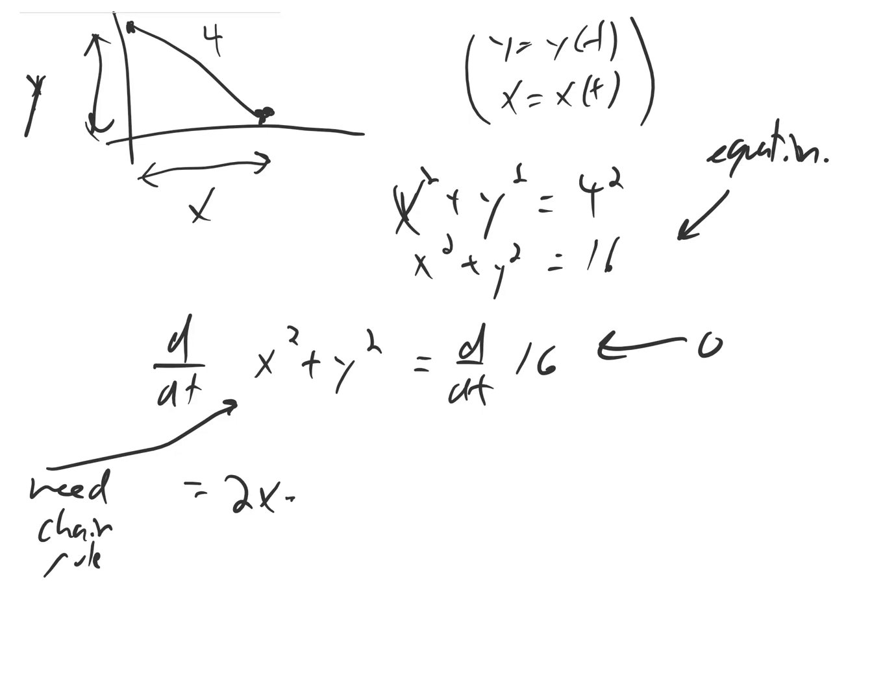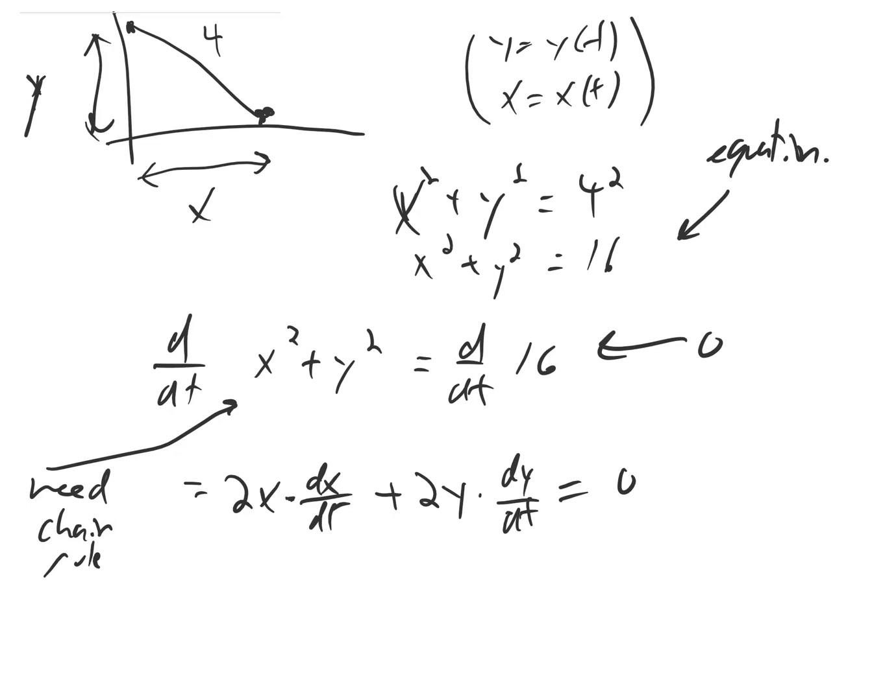We have to multiply by the derivative of the inside function, so times dx/dt, because we're imagining that x is a function of t. And similarly, the chain rule tells us we get 2 times y times dy/dt, equals 0. Okay, so the calculus is done.